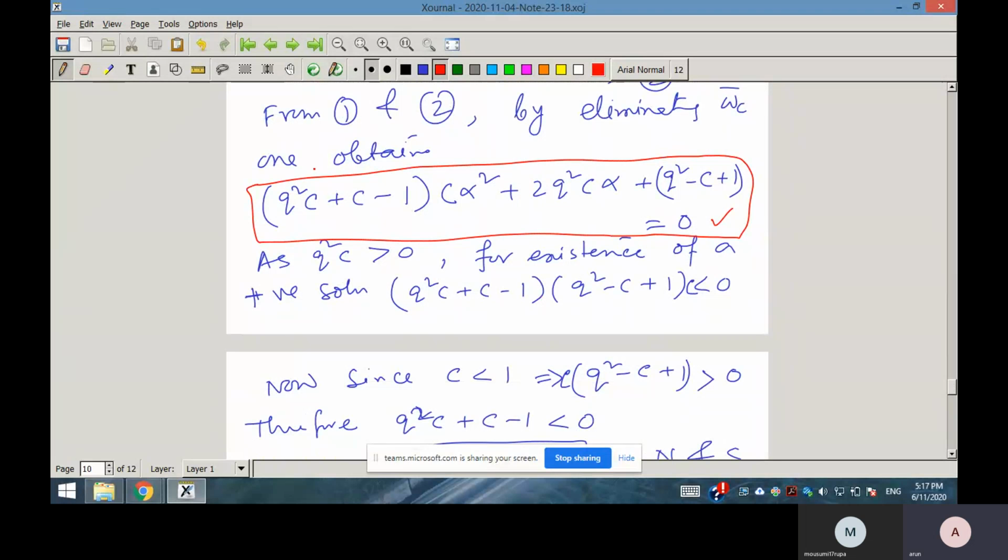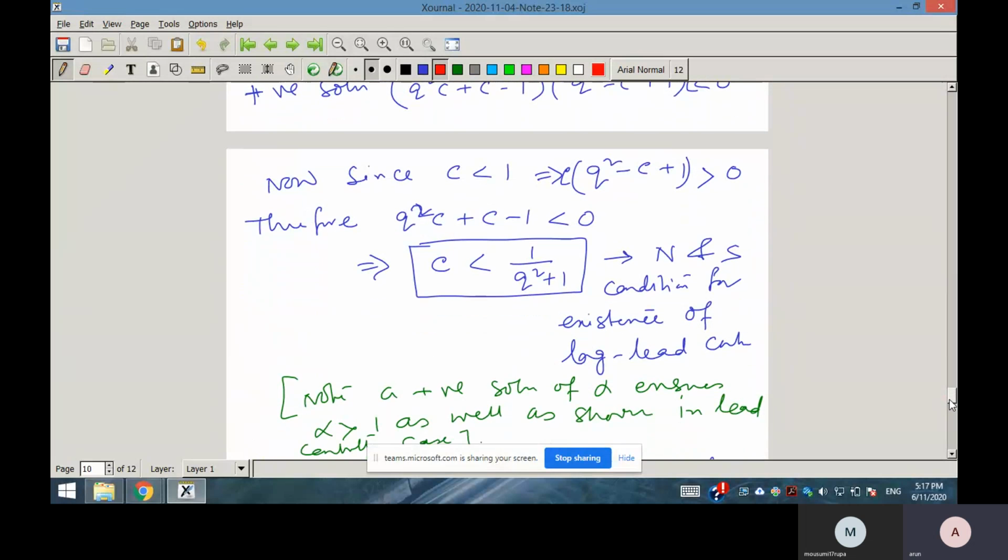So if you solve this quadratic equation, then you will get alpha, but before solving this one, you have to check whether the lag lead controller exists or not by checking this condition.